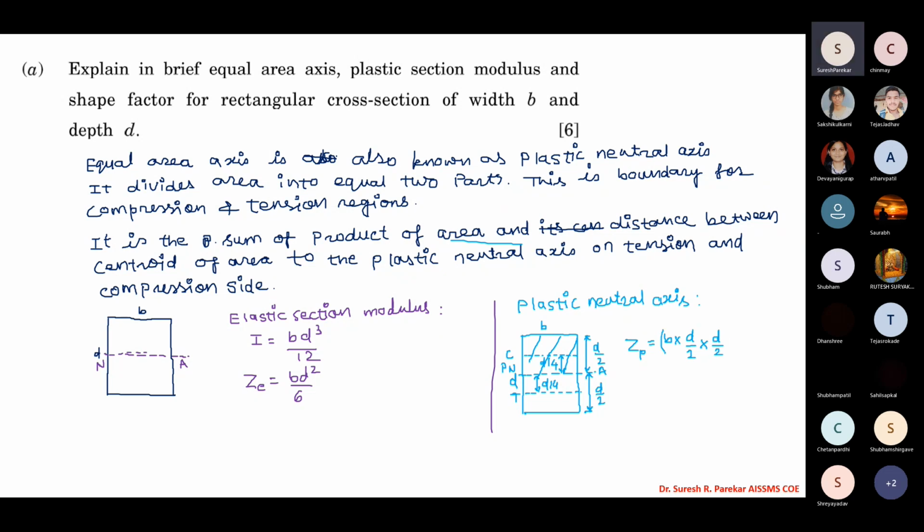This is for compression side. So sum of compression plus tension. Then same value because we have symmetrical. You can make it twice also. This will be tension side. And then we have 2 into B into D by 2 into D by 2.